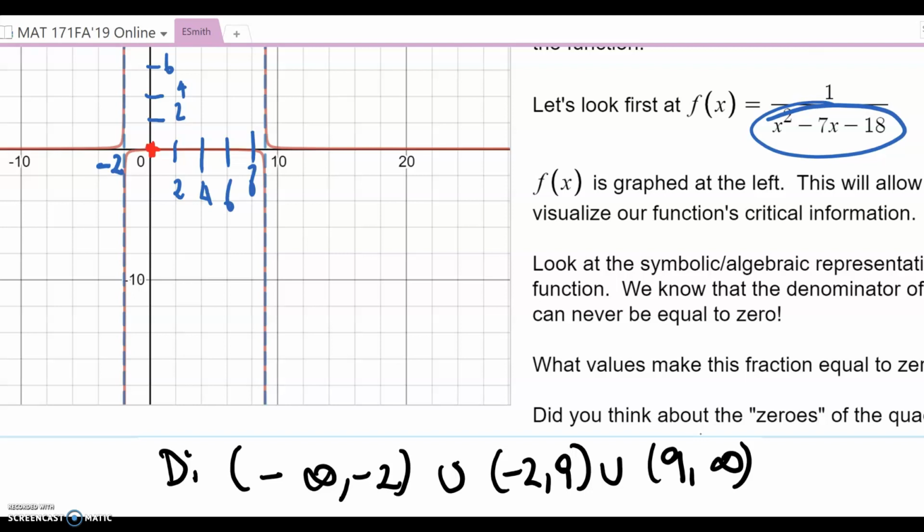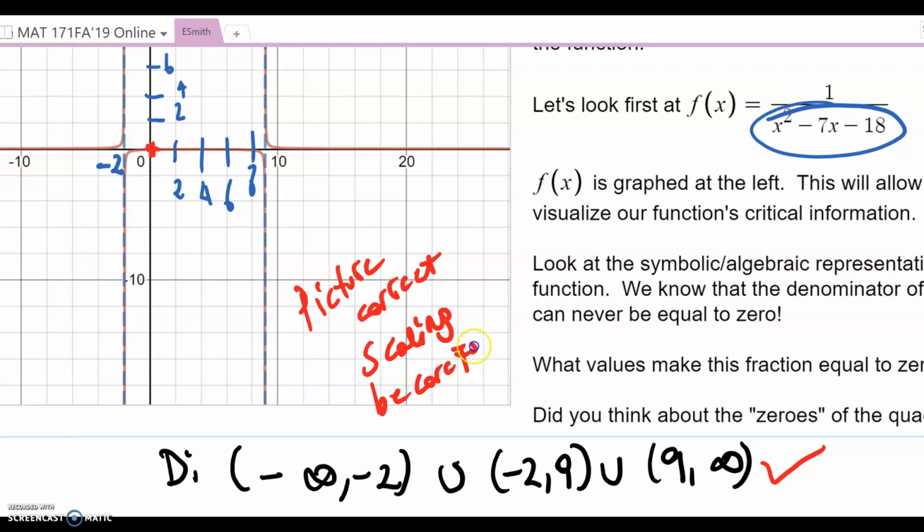Yeah, negative infinity to negative 2, negative 2 to 9, and 9 to infinity. Yeah, we're correct, and the picture is correct also, because the thing with the picture was scaling. So be careful about the scaling. Alright, hope it helps. Have a good night.